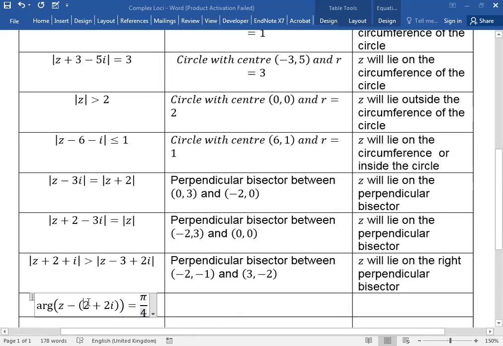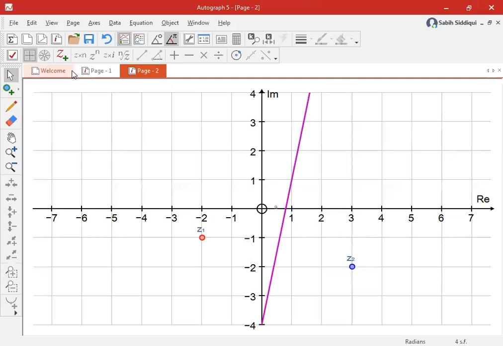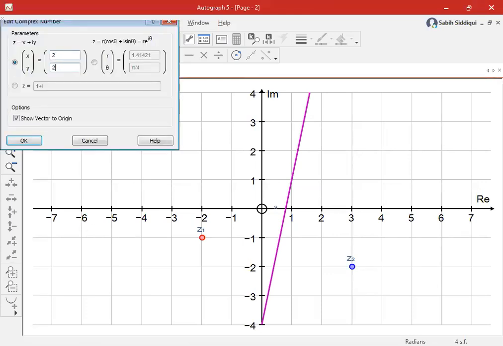Now, if you take a point 2 plus 2 iota and you draw a half line, so what will you say? Okay, 2 plus 2 iota is a point.